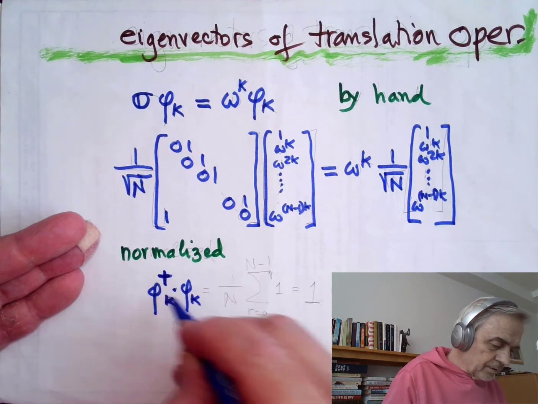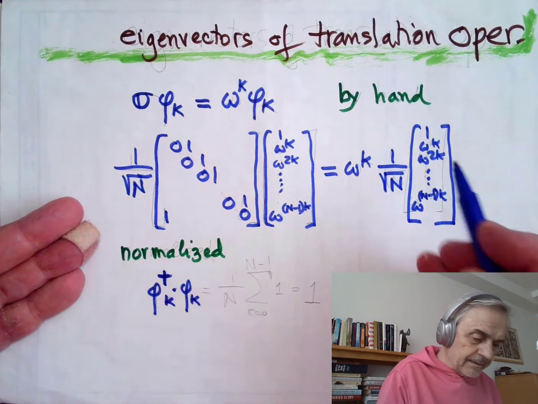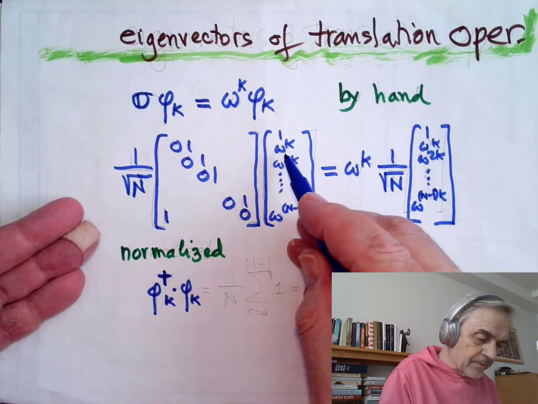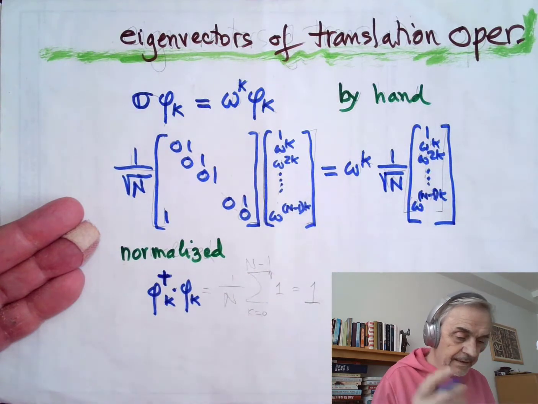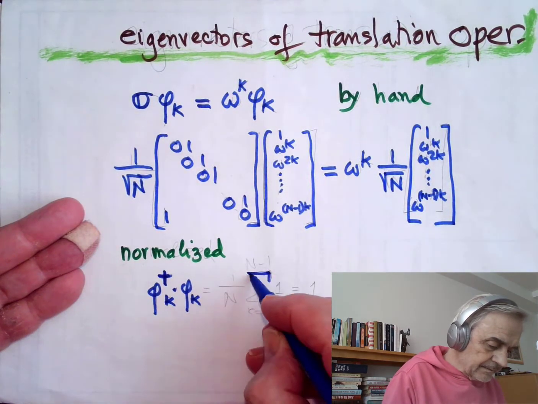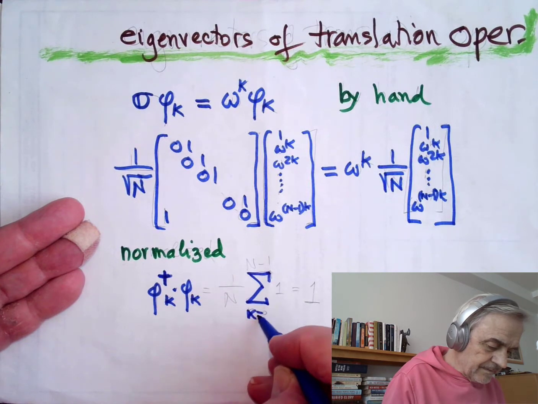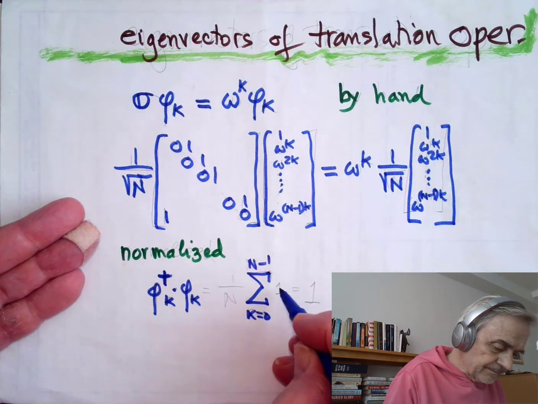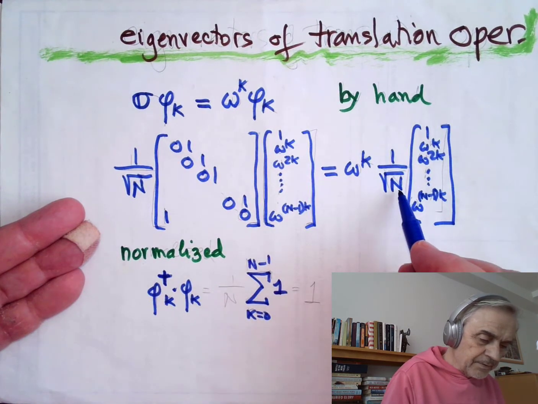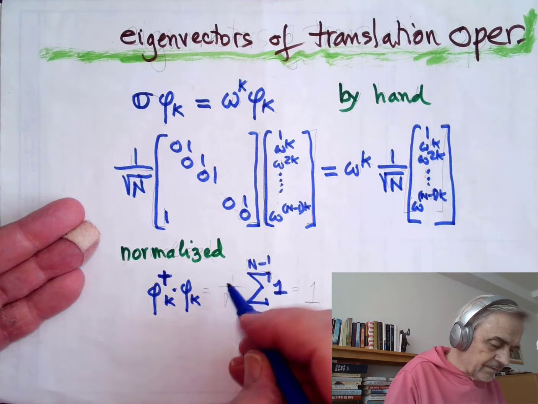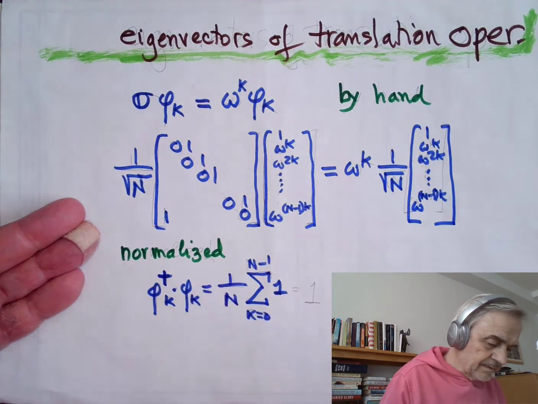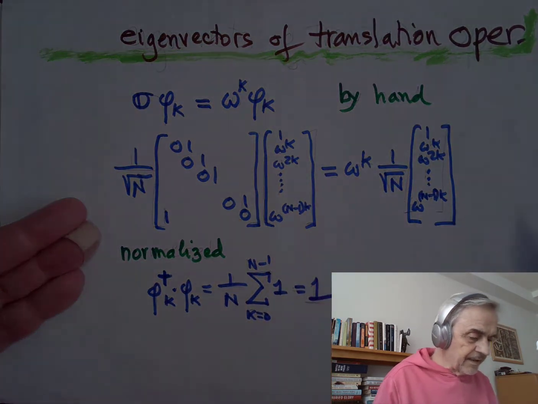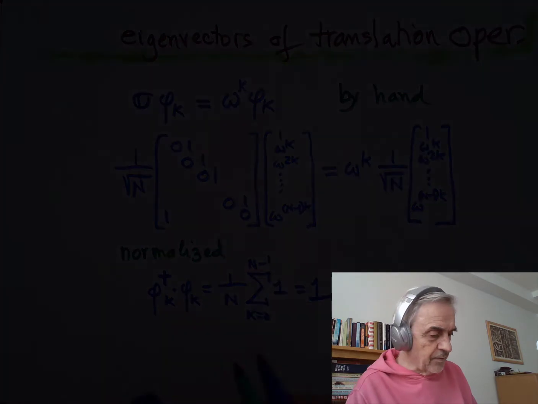When I take the dot product, I get, for every entry, 1: omega to the k times omega to the minus k, that's 1. So I get entry 1 every place from the 0th to the n minus first element. And I pick up the square root of n twice, so I get 1 over n. There are n entries divided by n, that's 1. So this indeed is an eigenvector and a unit eigenvector.